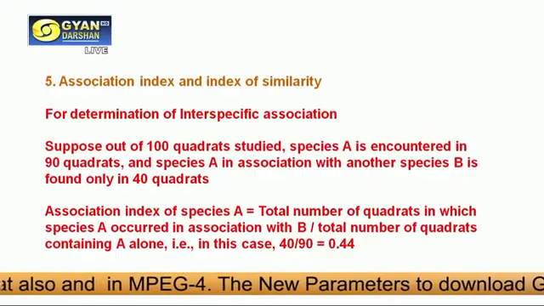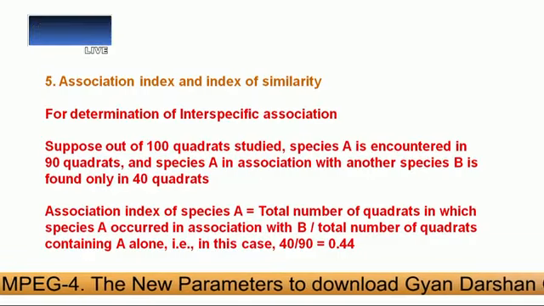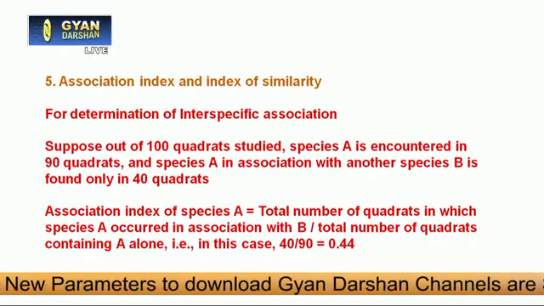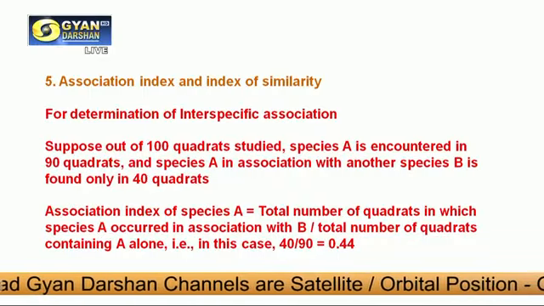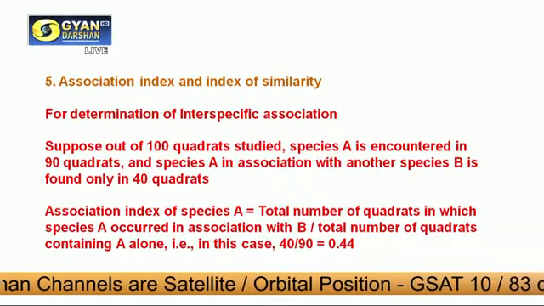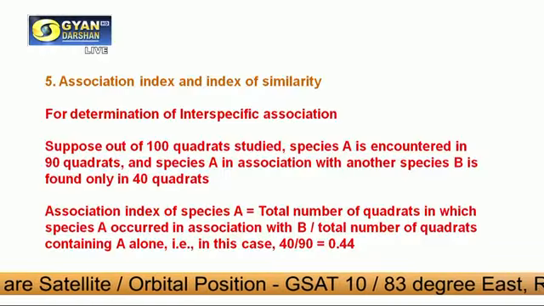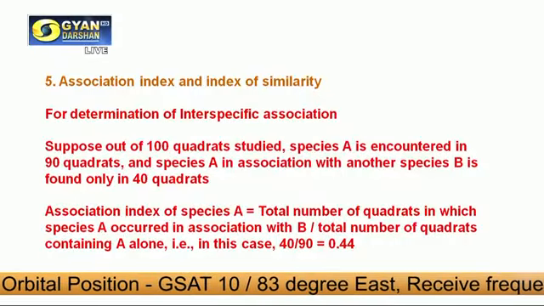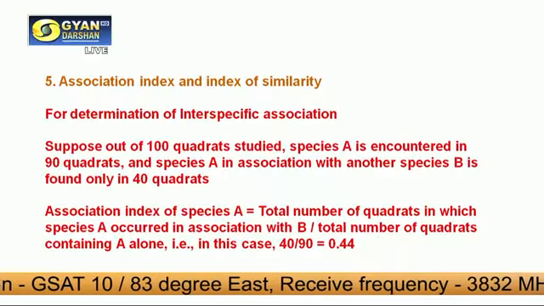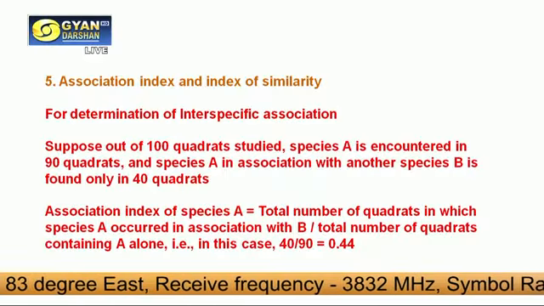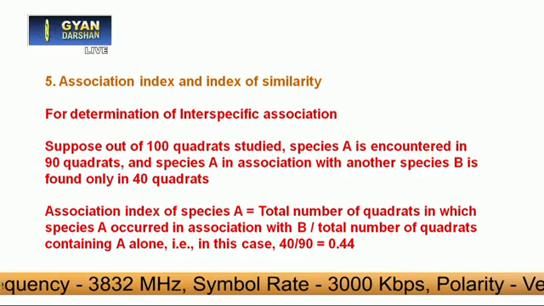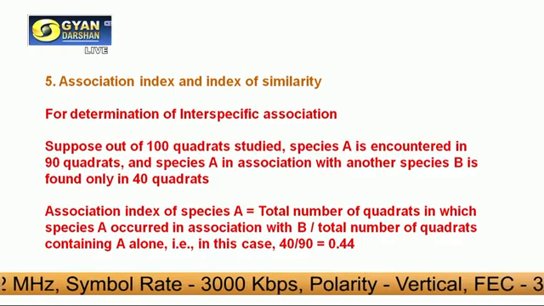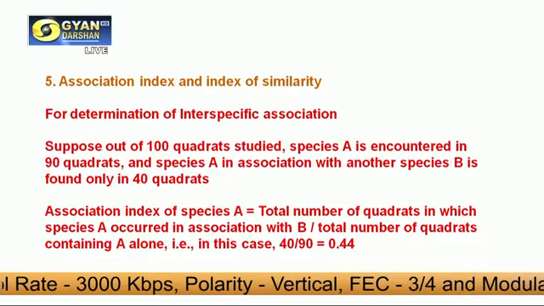So out of 100 quadrats, you find species A in 90 quadrats. And species A in association with another species B is found in 40 quadrats.